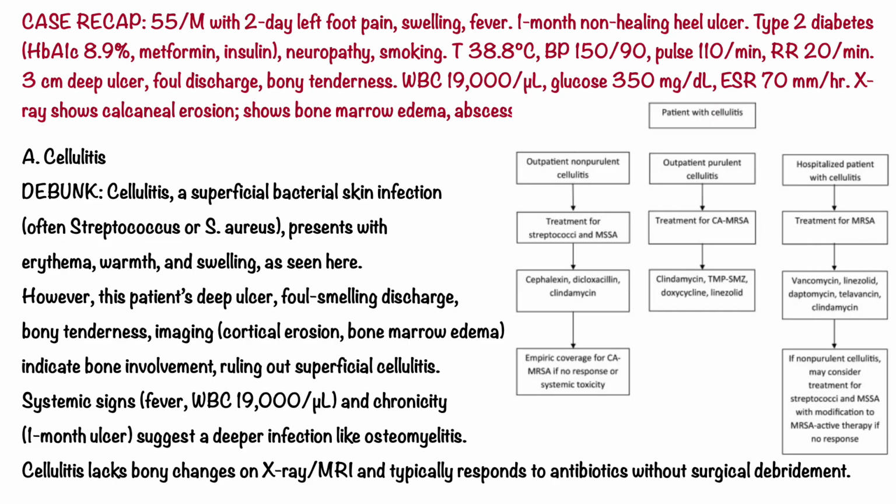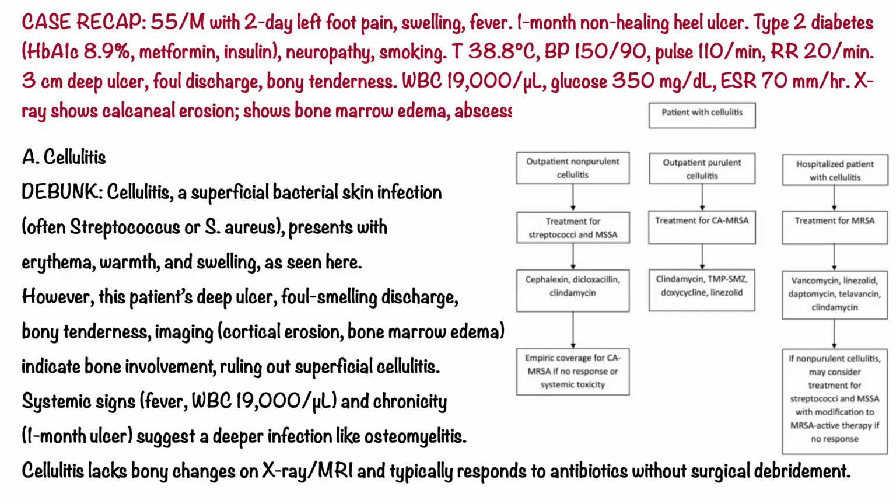Even if it is unlikely, let's tap into the treatment of cellulitis. If a patient presents with cellulitis, this can be outpatient non-purulent cellulitis, outpatient purulent cellulitis, or hospitalized patient with cellulitis. In outpatient non-purulent cellulitis, there should be treatment for streptococci and MRSA, which is methicillin-resistant Staphylococcus aureus, given by cephalexin, dicloxacillin, and clindamycin, and empiric coverage for community-acquired MRSA if no response or systemic toxicity.